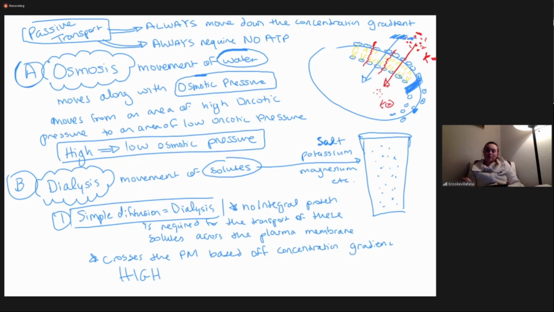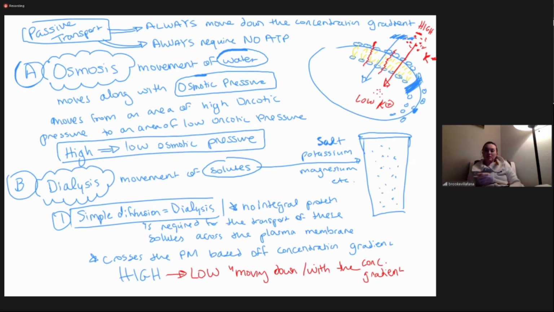High to low potassium. K plus is the abbreviation of potassium. So high amount to low amount. High to low is moving down, or with, the concentration gradient. So that is what governs simple diffusion.